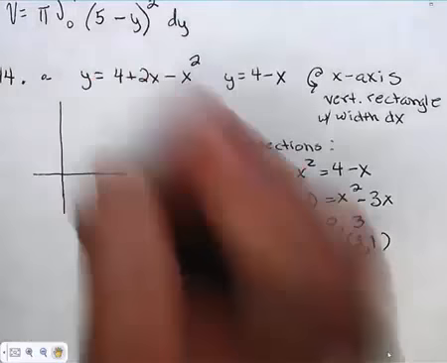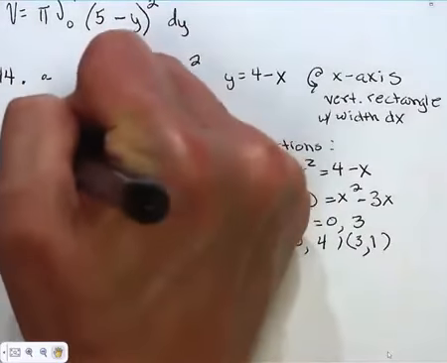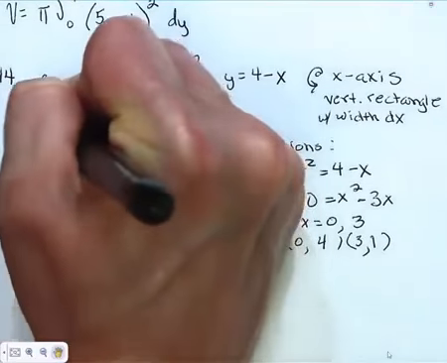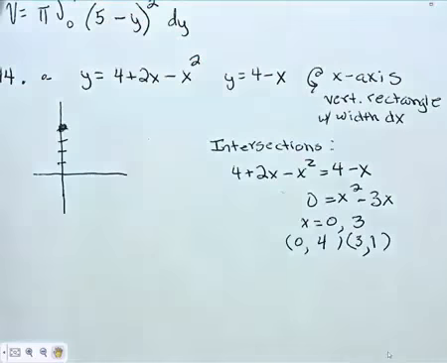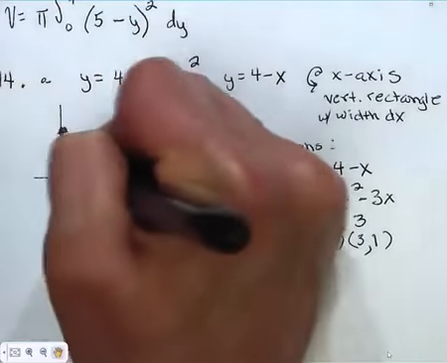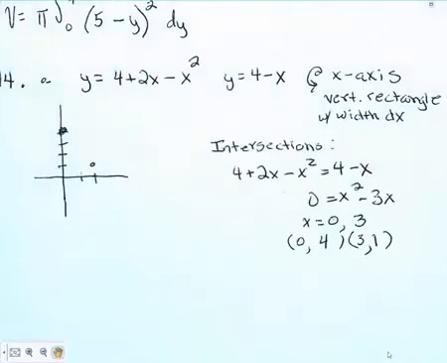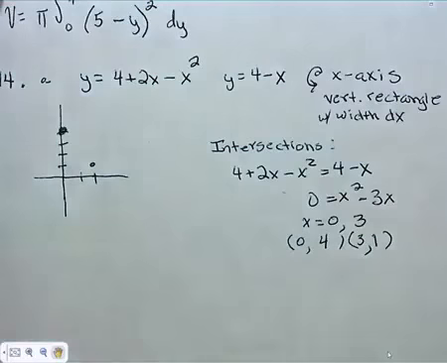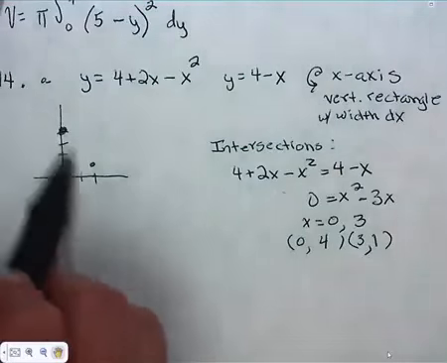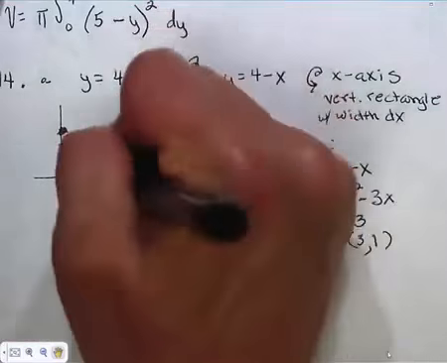So they intersect right here, and right here. That's supposed to be 3, 1.